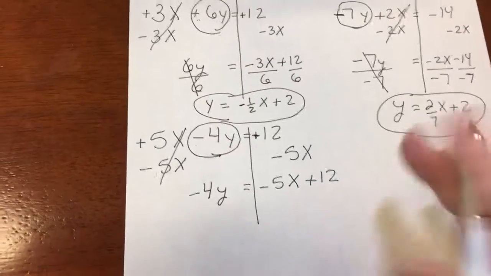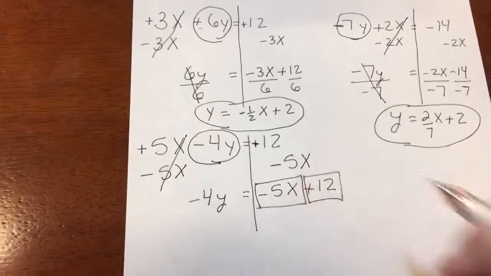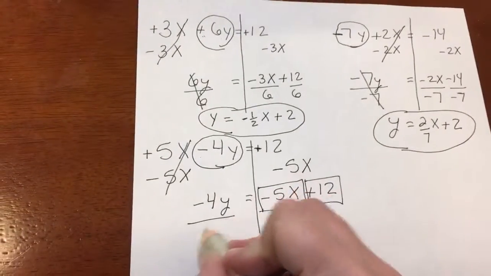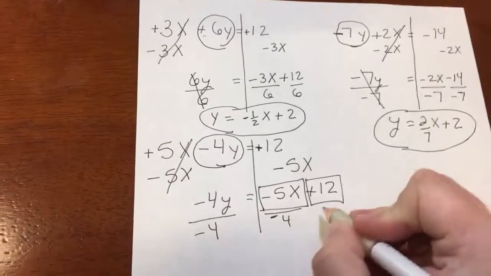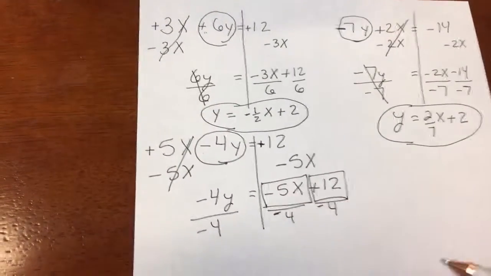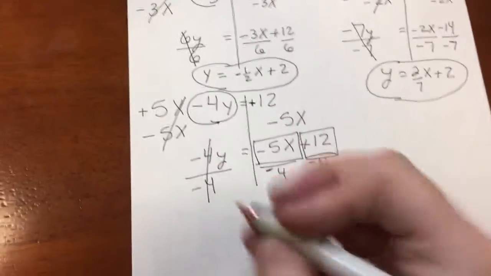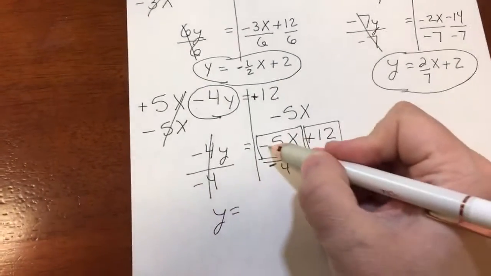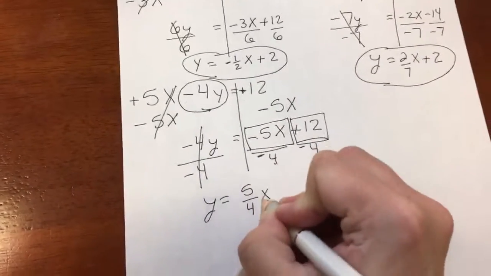These are two separate terms. So when I divide by negative 4, I have to divide this by negative 4, and I have to divide this by negative 4. That goes away because that leaves me with 1y. A negative divided by a negative is a positive, so this is a positive 5/4.